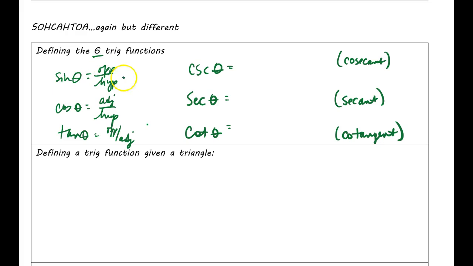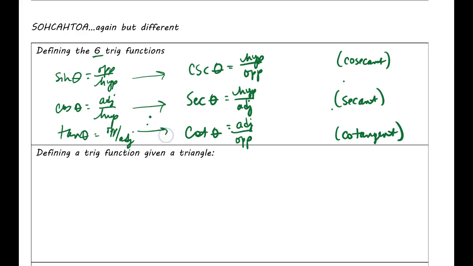So if sine is opposite over hypotenuse, then cosecant is flipping that, and it would be the hypotenuse over the opposite. If cosine is adjacent over hypotenuse, then secant is hypotenuse over adjacent. And last, if we do the reciprocal here, it would be adjacent over opposite. So it's just the reciprocal, and I wrote them next to the ones that they are the reciprocal of. In fact, these are called the reciprocal trig functions.